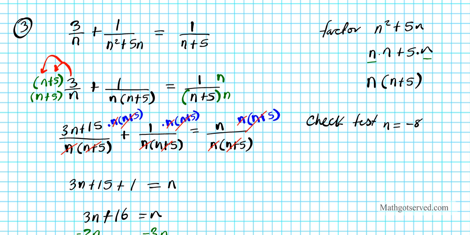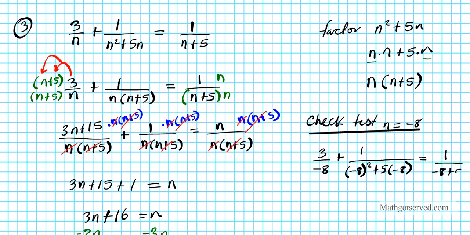So we have the original problem in view. So we're going to have 3 over negative 8 plus 1 over negative 8 squared plus 5 times negative 8 equals 1 over negative 8 plus 5.